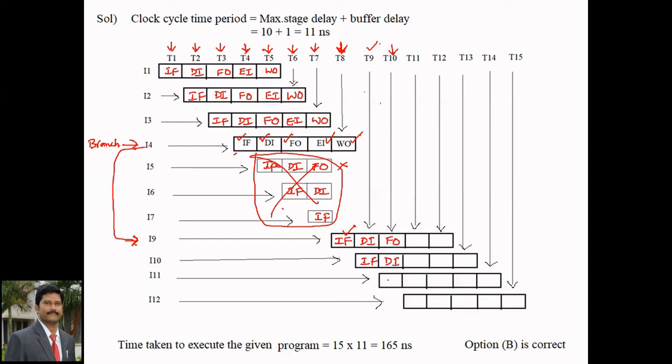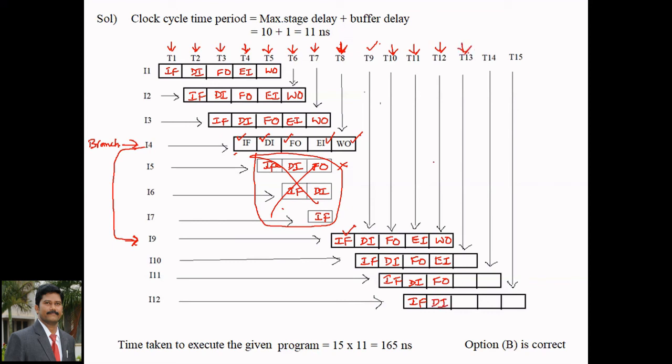DI is free, and now IF is free. I11 enters, okay, and the next clock cycle T11, this enters into the execution of instruction stage, and it is F4 stage, and this is DI stage, and I12, the last instruction, because 12 instructions are given, enters into the IF stage, and T12, okay, EI, it is WO stage, and it is EA stage, because F4 stage is free, and sequentially going on in the pipeline.